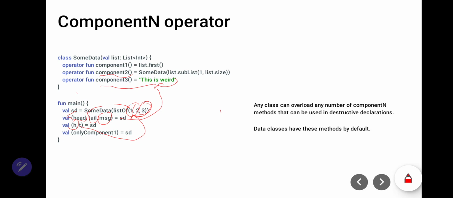Next, for destructuring with one variable, because this is only component 1, this will include 1. You can see in here the list, and it will not call component 2 and 3.